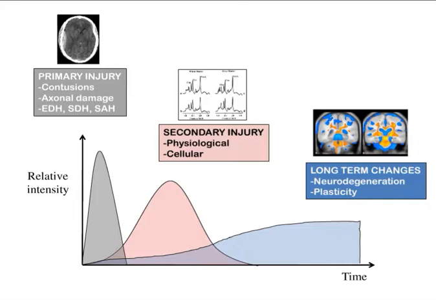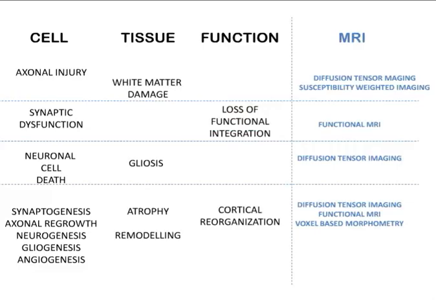And finally, when we are reasoning in terms of the long-term neuroplasticity changes and also long-term neurodegenerative changes that occur after trauma, here again, MRI is a very important tool because it allows us to look at changes in functional activation, and it also allows us to track the changes in volume, and especially the regionally selective changes in volume that occur after TBI.